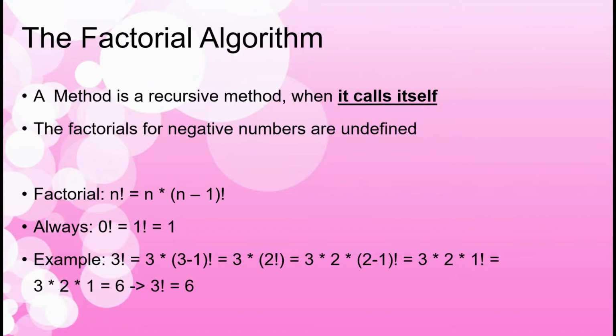And as you can see, we have already stated that the factorial of 1 equals 1. Then you have in the end 3 multiplied by 2 multiplied by 1, and you have 6. So the factorial of 3 gives you a result of 6. You can do it with every other number.